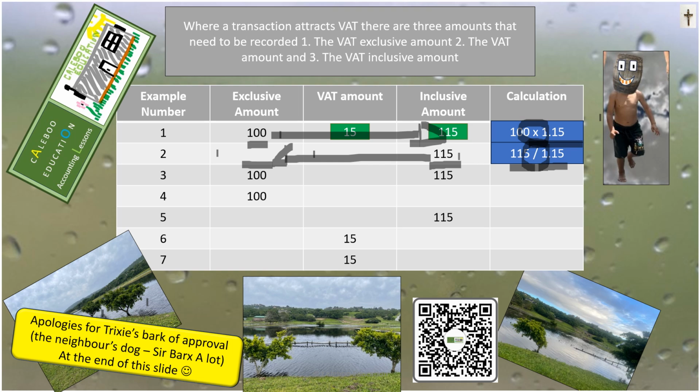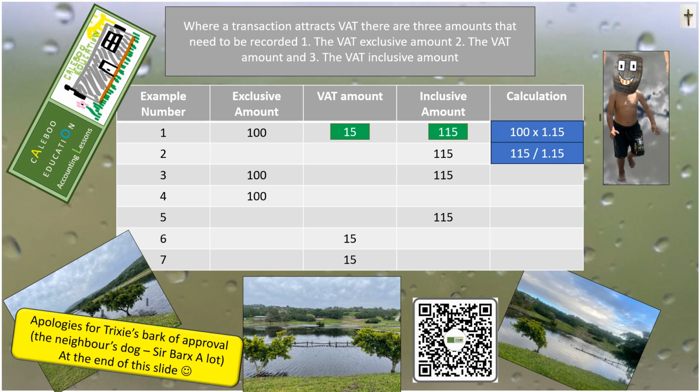As you do this more and more often, things will become a lot clearer and these calculations will become second nature. So 115 divided by 1.15 is equal to the VAT exclusive amount, 100.